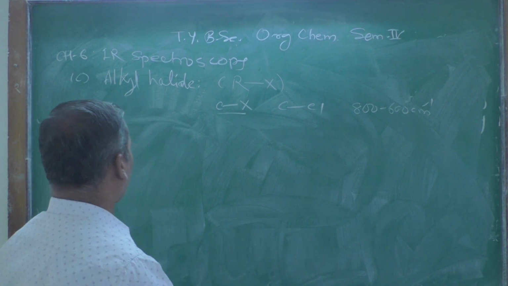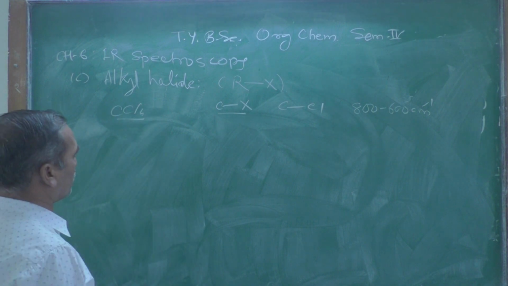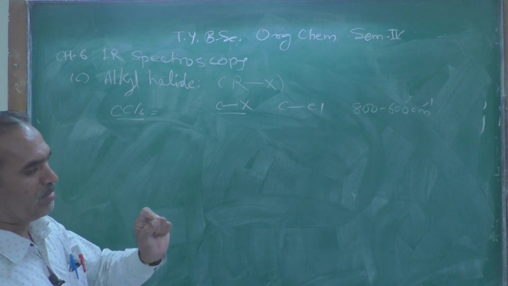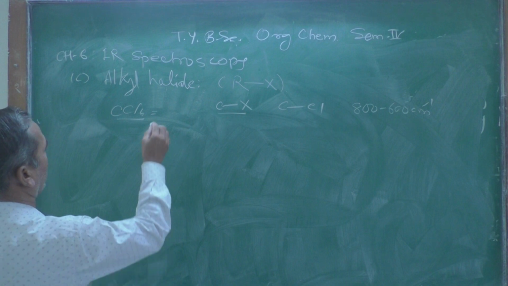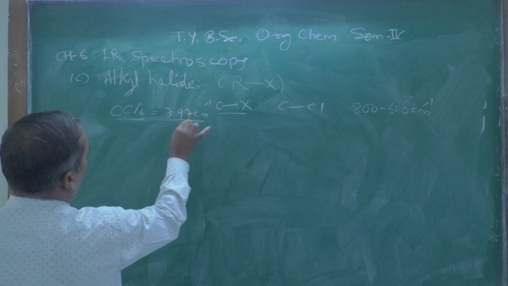Carbon tetrachloride, CCl4, gives a prominent or noticeable peak around 797 per centimeter.